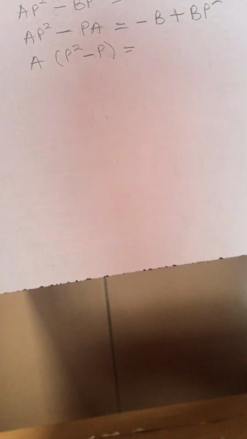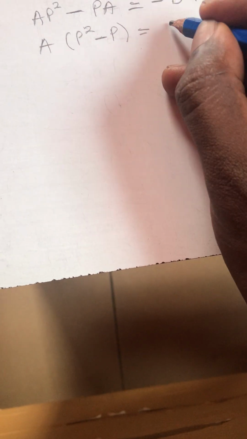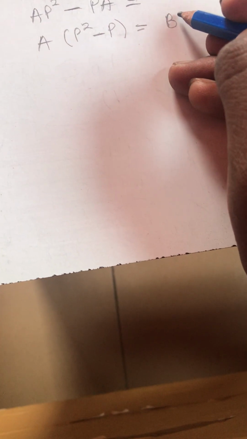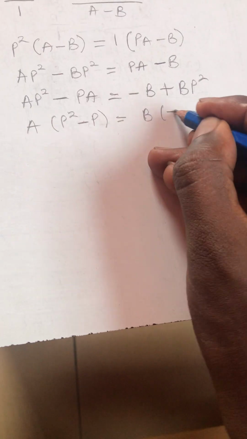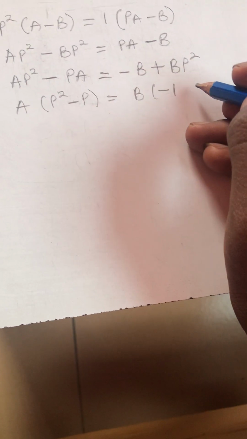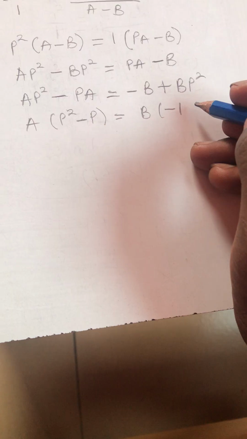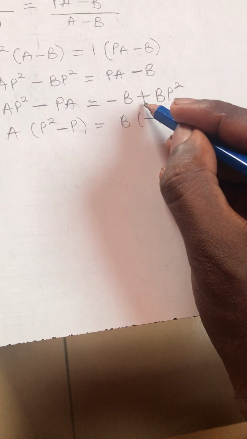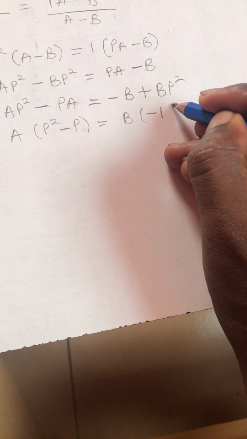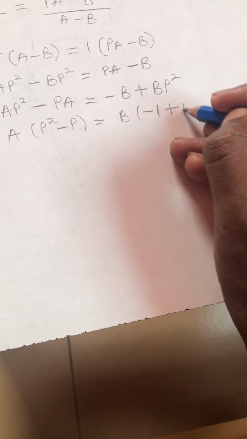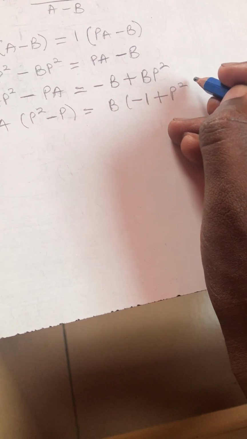So equal to, now here we factor out B, which is the common factor. Which number can multiply B for us to get negative B? It is negative 1. Which number can multiply B for us to get positive BP squared? It is P squared, right? So we are going to have P squared here.